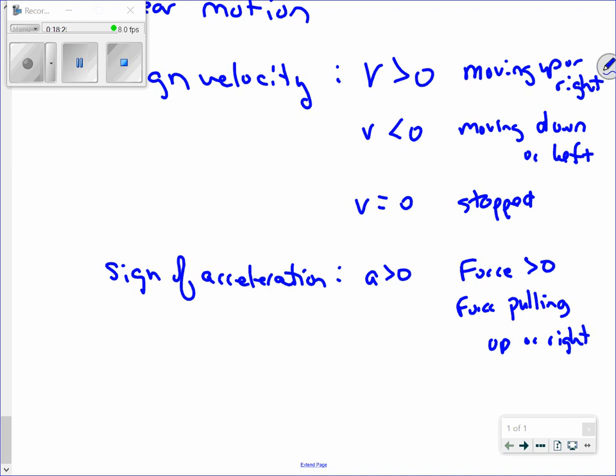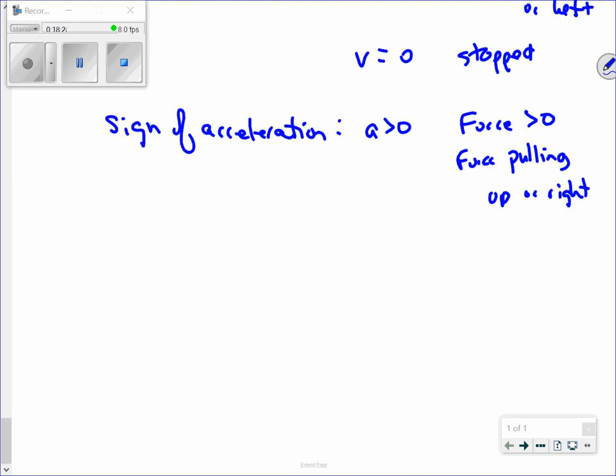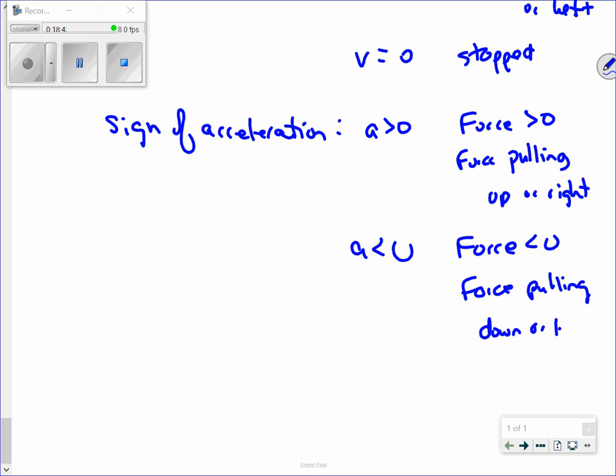So something is pulling it up or to the right. If the acceleration is negative, that means the force is negative, and that means the force is pulling it down, like gravity, or left. And if the acceleration is 0, then the force is 0, and that means there's no net force acting on it, so velocity is constant. It doesn't mean it's not moving, it just means the velocity is not changing.